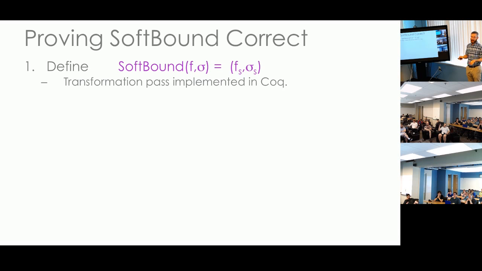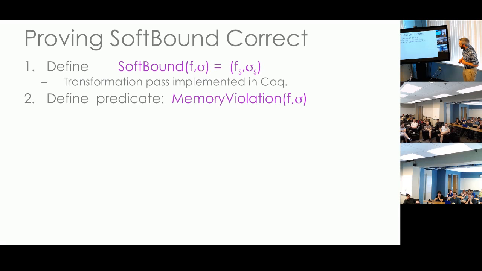So we also have to be able to say how a memory would be instrumented and so on, so we can relate dynamic states of the machine. Once we do that, for the original LLVM semantics, we can characterize in Coq a predicate that talks about the behaviors we want to rule out. So you can think of this as saying, in some program F, we know that there's a memory violation in this state.